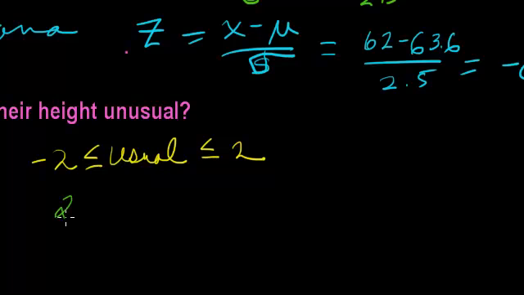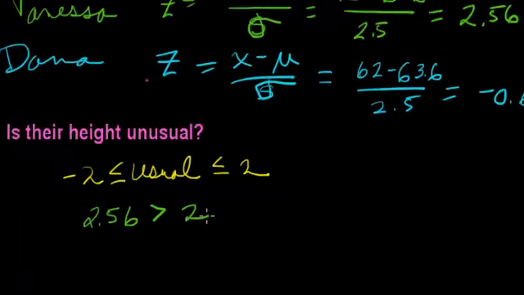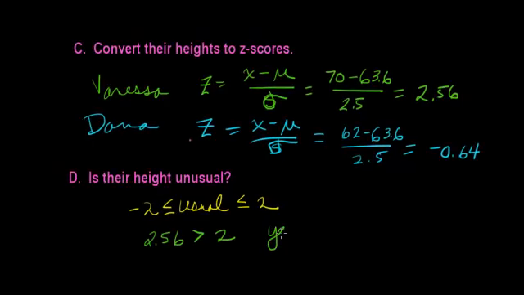So because 2.56 is greater than 2, we would say that yes, Vanessa's height is unusual. For Dana, we would say that negative 0.64 is greater than negative 2. It falls in this usual area.